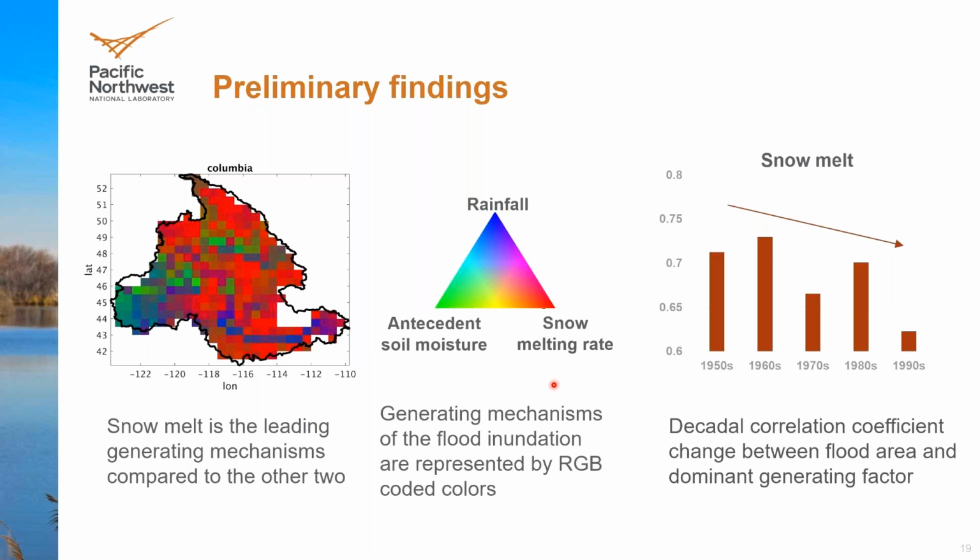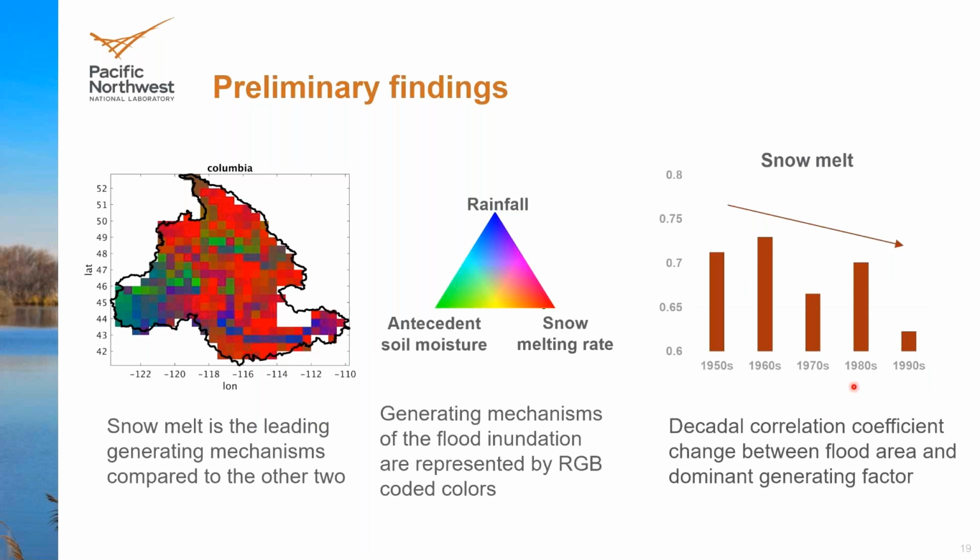As you can see, the basin is mostly snowmelt-dominated for flooding, except for the downstream area, which is dominated by rainfall and antecedent soil moisture. What we were trying to do is to look at the role of the controlling factor in the historical period. We find that the snowmelt controlling factor is actually decreasing over the 50 years in our simulation. So these are some preliminary findings.